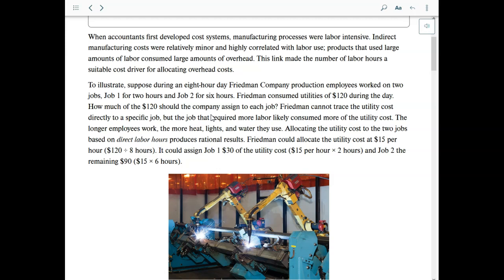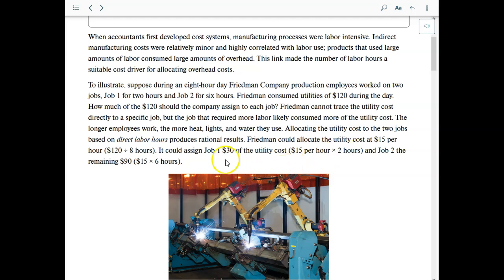Just like we saw in the last chapter, we use allocation-based cost drivers to allocate overhead cost to production. So if we're going to use direct labor hours, let's take the total utility cost of 120, divide by 8 hours, and so it's $15 per hour. So we're going to assign this overhead cost, utility cost, to the jobs based on the number of direct labor hours used for each job.